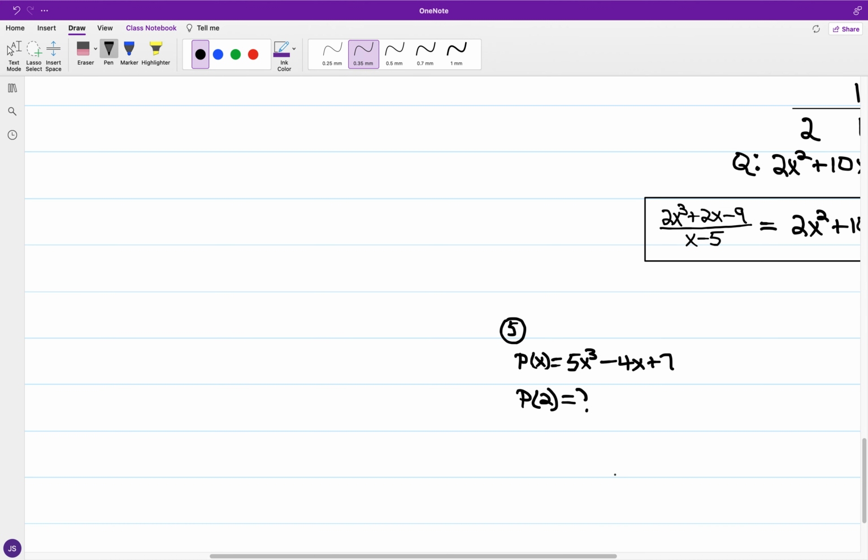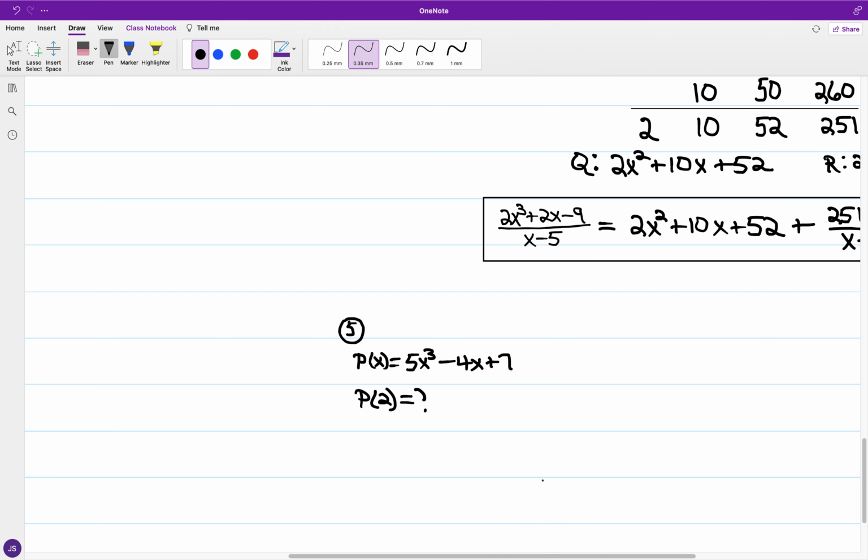Just setting things up for what we have here, if I apply synthetic division, first of all, we have p of 2. So 2 is going to be the zero.